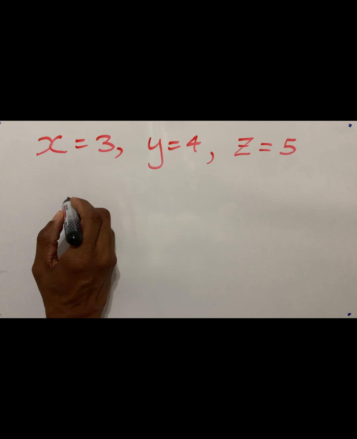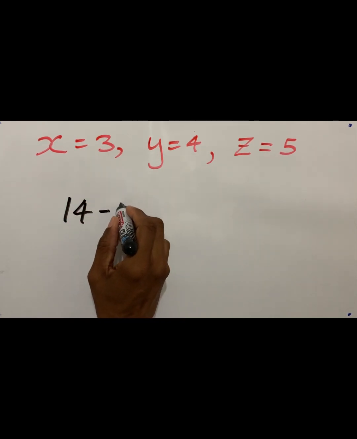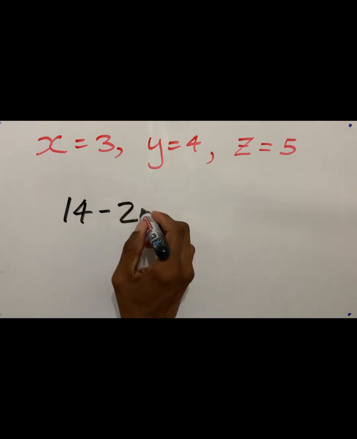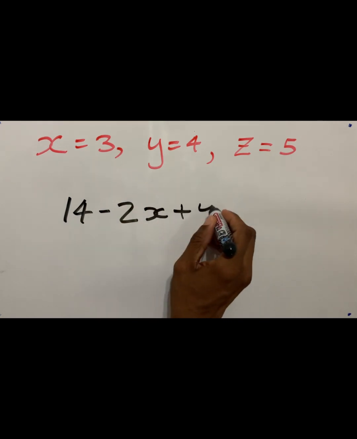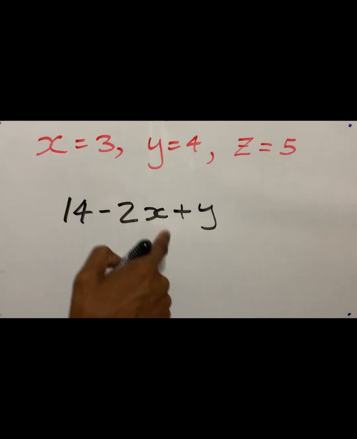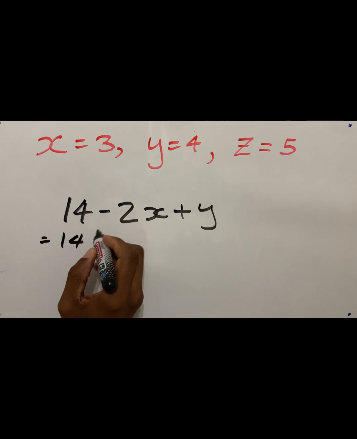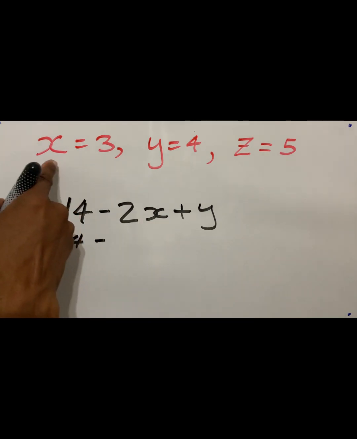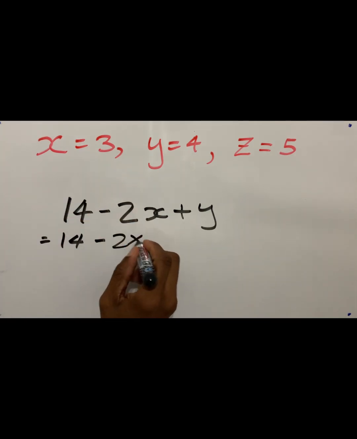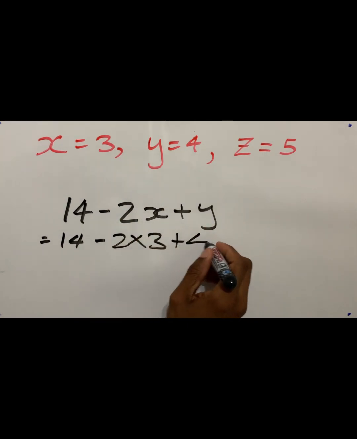Alright, let's look at this one. We have 14 minus 2x plus y. We have x and we have y. So this is equal to 14 minus 2 times x, which is 3, plus y.